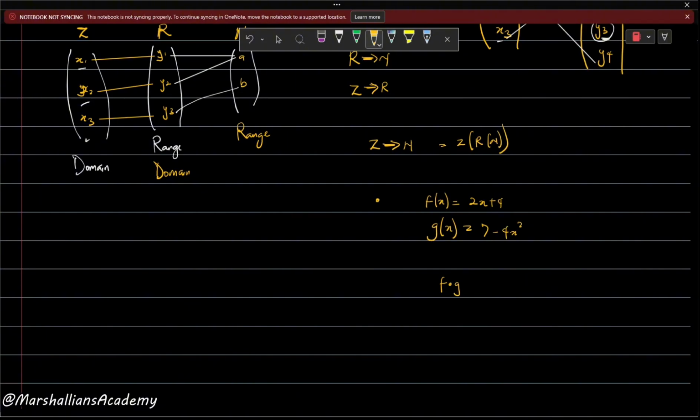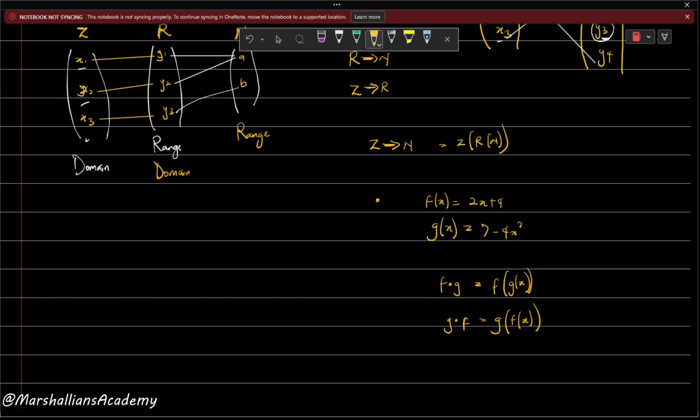There is a g function inside an f function, which means it's simply saying finding f of g of x. Does this make sense? You could also be told to find g of f, which means there's going to be an f function inside the g function, which is going to be g of f of x.